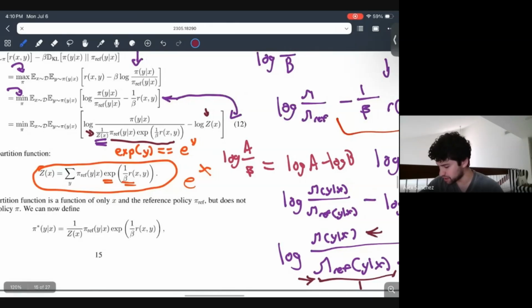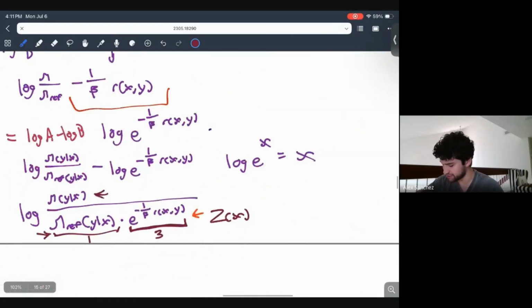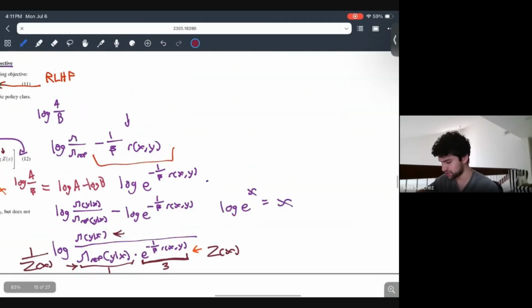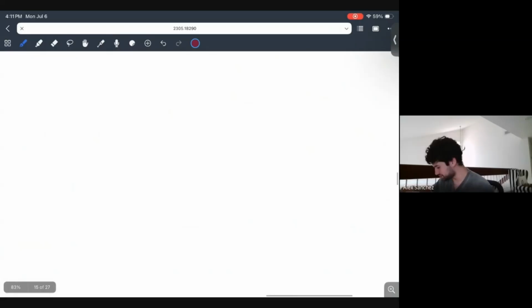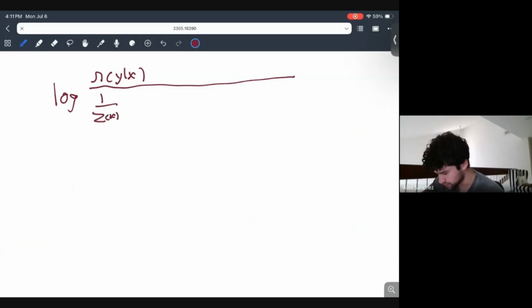And now this minus log of z of x is because of everything we've been adding in here, because not only have we added this, but then we also added this 1 over z of x. What happens is we have this log, I believe, this distribution, and then we have this distribution, z of x times pi ref, the reference model's distribution, times e to the minus 1 over beta. We have this very complex equation, right?